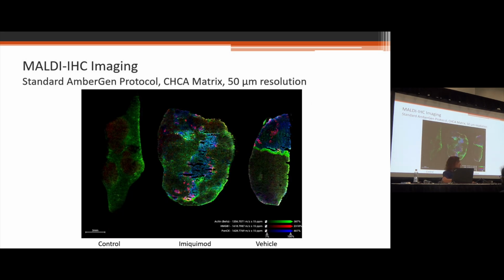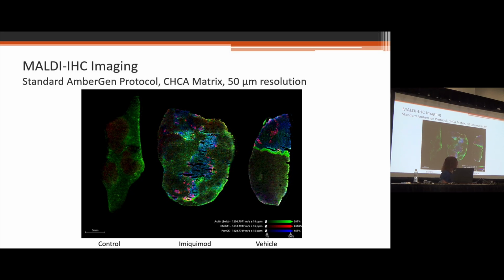And so after I did the small molecule imaging, we washed off the matrix and treated with a panel of antibodies and imaged for the peptide markers after UV cleavage. This is just using the standard AmberGen IHC staining protocol, using CHCA matrix, and this was also imaged at 50 micron spatial resolution. So showing here 3 of the antibodies from the panel.